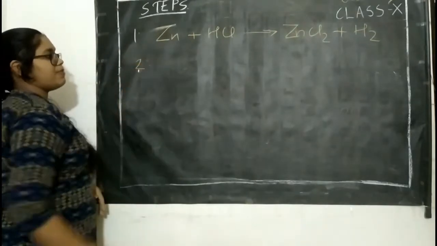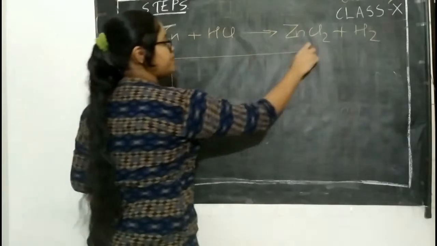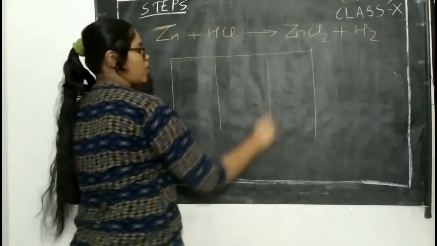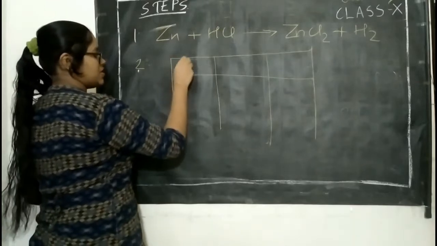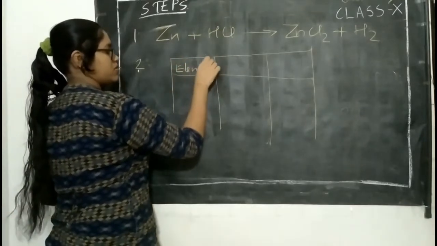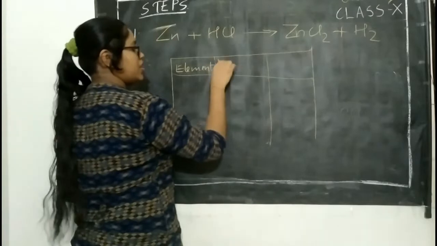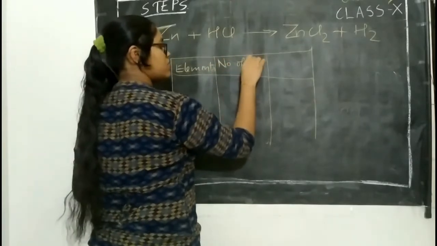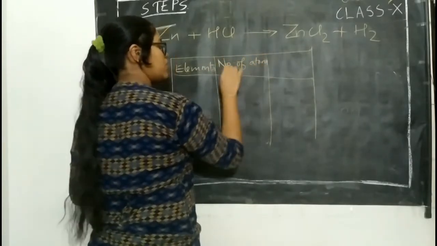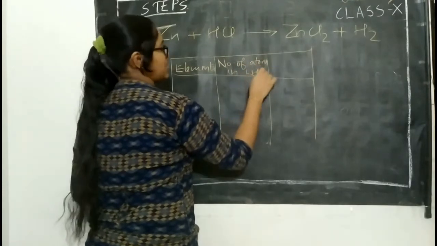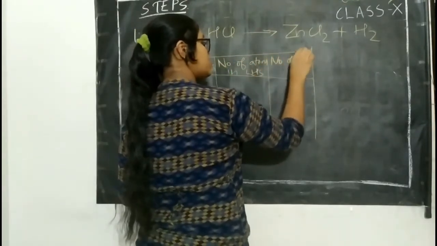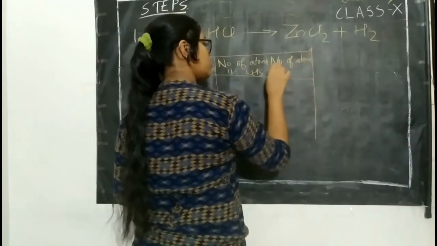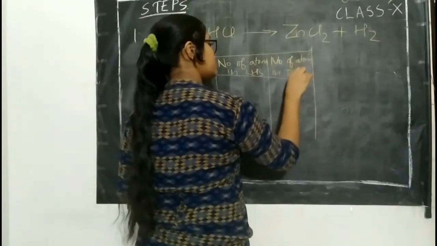Now the second step is make a table containing 3 columns. The first column we have elements. Second column, number of atoms in LHS, that is left hand side. And the third column, number of atoms in RHS.